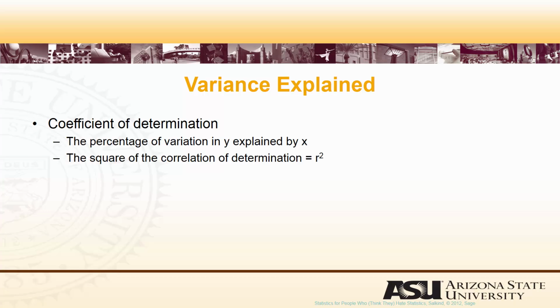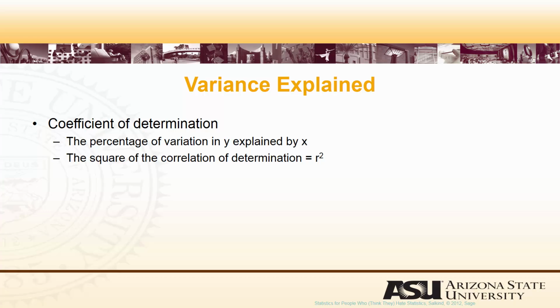So variance is explained by what's called the coefficient of determination, the percentage of variation in y that's explained by x. We calculate that as the square of the correlation coefficient, or r squared.